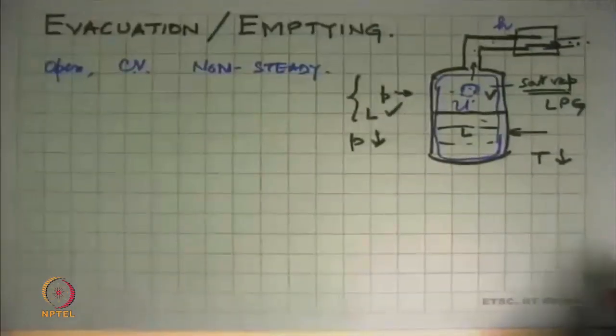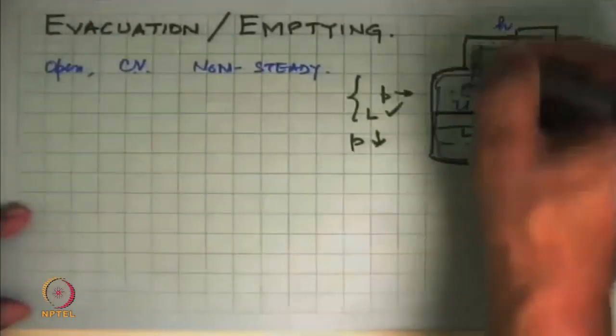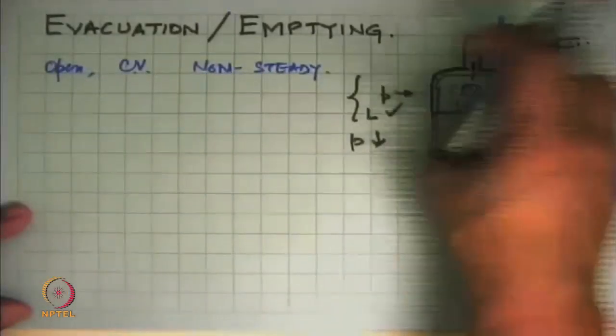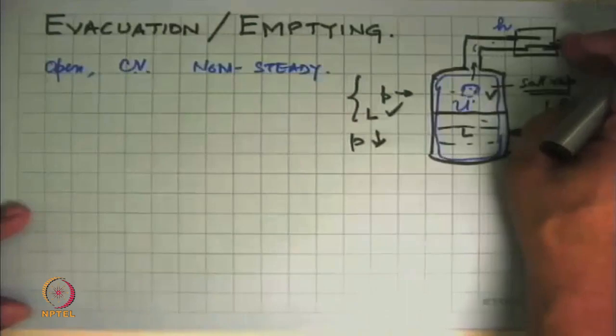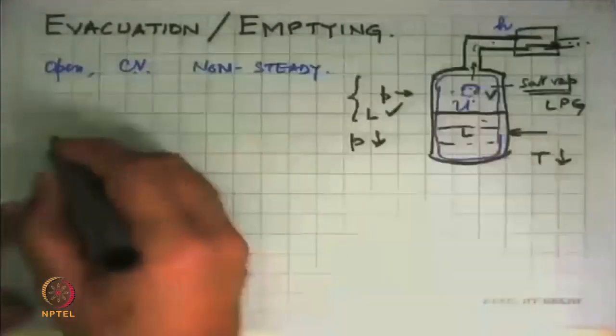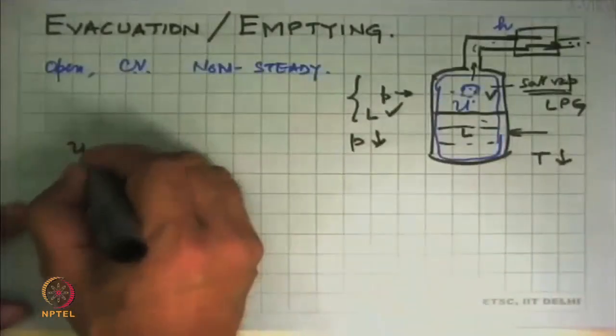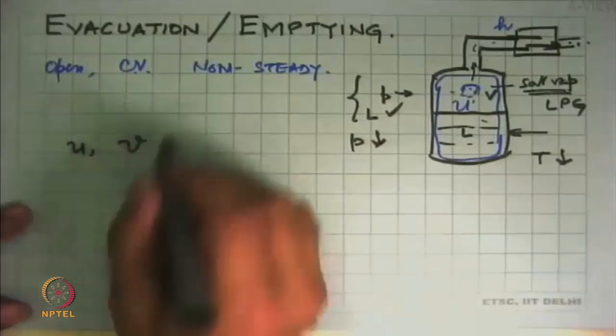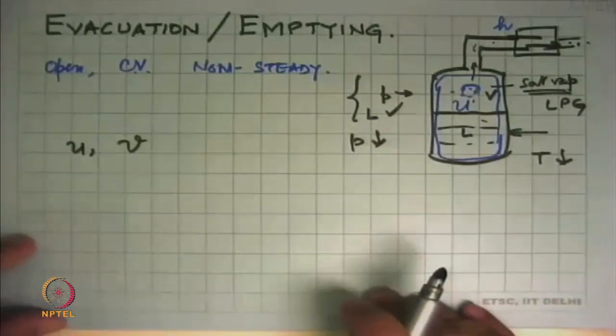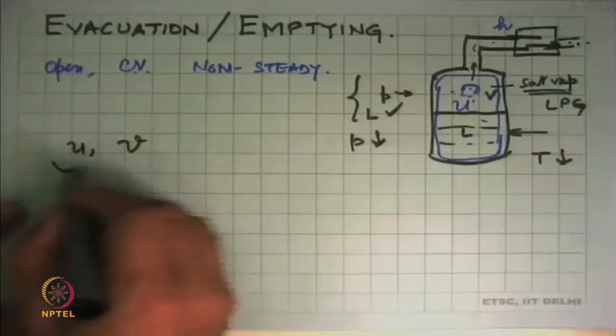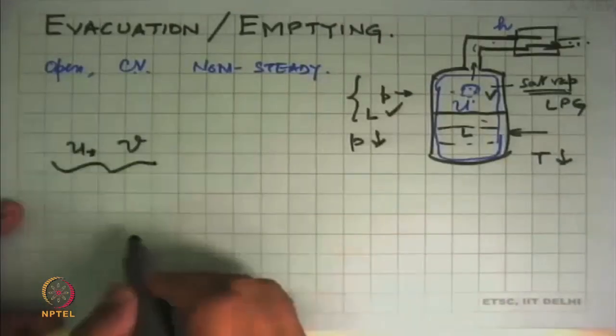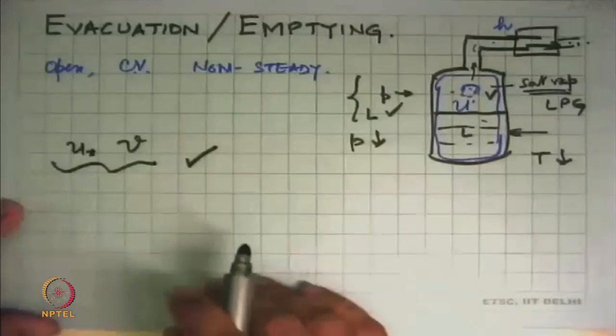The only difficult thing that happens in this type of problem is that if you want to figure out what the pressure is after I drew out so many grams of this substance, then in the final case, you are left with two properties, which are specific internal energy and specific volume. And knowing these two properties, the state is completely defined.